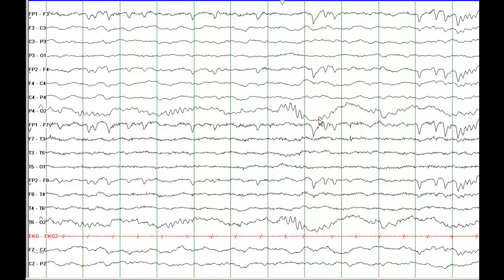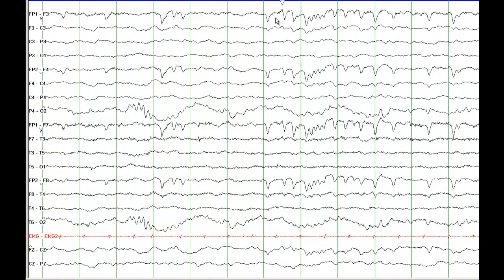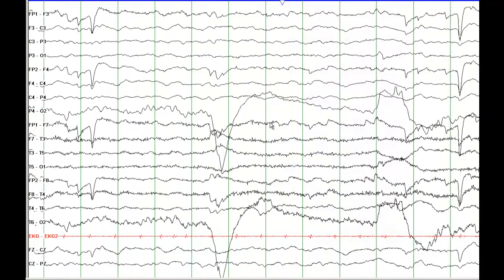Eye blink artifacts obviously are seen at FP1 and FP2, and you see a drop in the gradient from the anterior electrode to the electrode that's more posterior to it. And these are big eye blinks, so rapid eye blinks. These could be small eye movements or brief eye blinks.